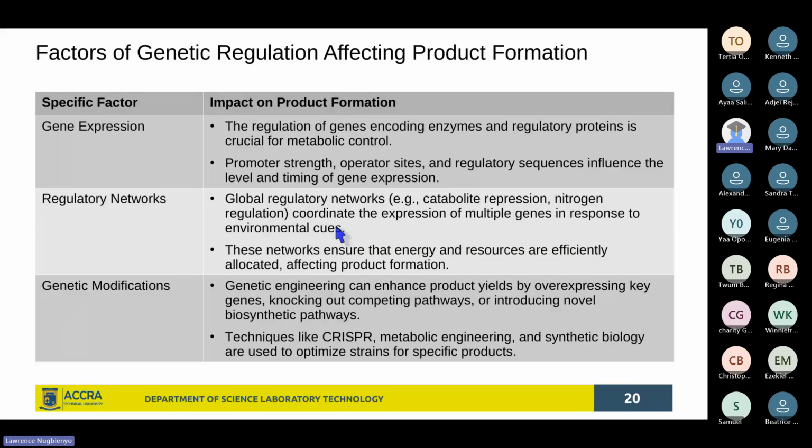Naturally, the yeast does not produce that particular protein, but you would have engineered it with such recombinant DNA so that the yeast begins to produce the protein that you need. So that is manipulation of this biological system. Of course, this then becomes what you refer to as a genetically modified product.